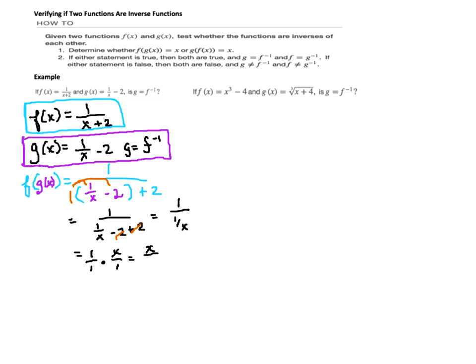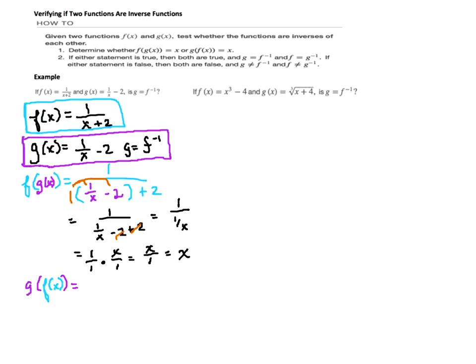I multiply fractions straight across. That gives me x over 1, which is just x. I cannot call these inverses yet. I have to compose them the opposite way and see if I end up with just x as well. Then I can call them inverses if that's the case.